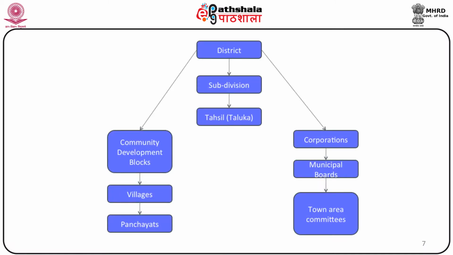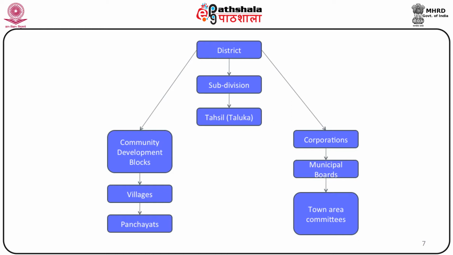This is a diagrammatic representation of the distribution of the health services from the center to the periphery. By center, we are taking it from the district level. The district has subdivisions, and these subdivisions have smaller areas known as the taluka or the tehsils.